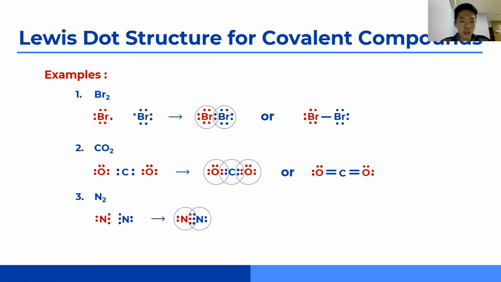And because there are 3 pairs of electrons shared, we can simplify this to be 3 dashes. These 3 dashes are called a triple bond. A covalent compound could only have a maximum of triple bond, so it could have single bond, double bond, or triple bond.